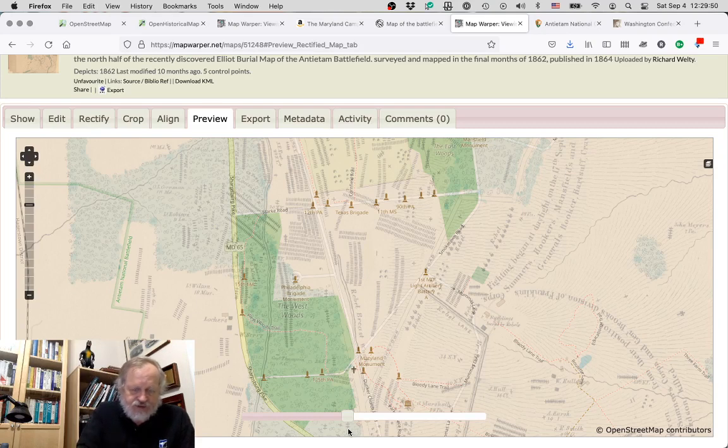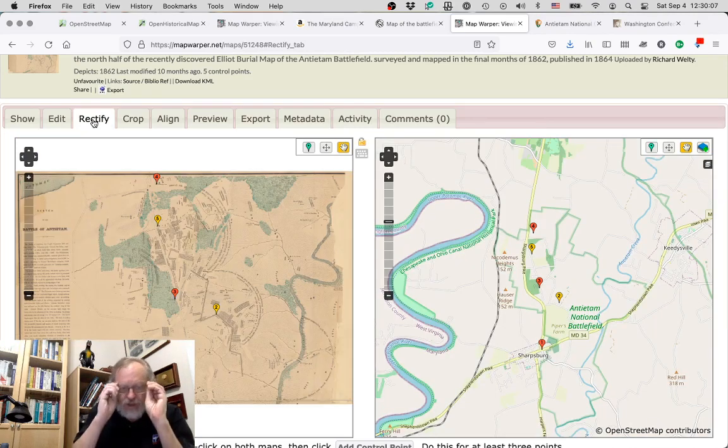And I realized that while the base map that Elliott used, because he must have gotten a base map from somewhere, had the look of a quality map, it was not nearly as precise as the COPE map, and the COPE map was very easy to line up.